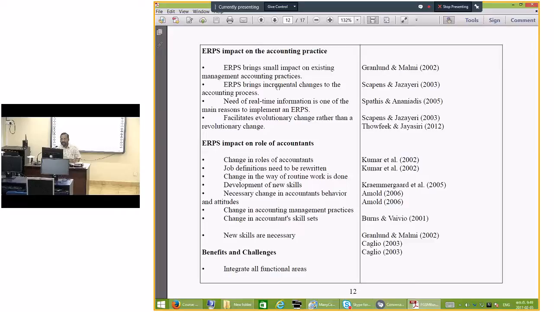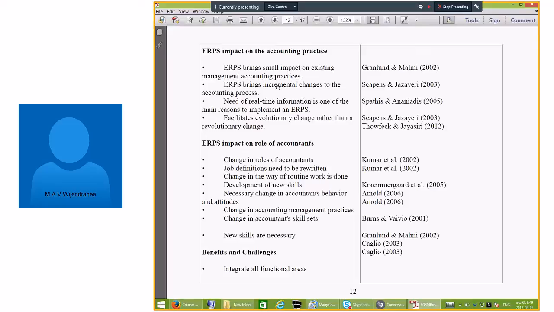Then what questions do you ask? Okay, now the second question. What is the second question? It's related to the impact on accounting practices. You want to see whether the accounting practices introduced by the Petroleum Corporation are good or bad. Are there any accounting functions put into practice after the implementation of ERPs?